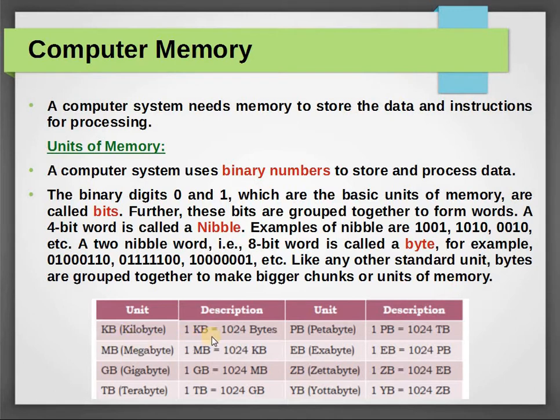Here in this table you can see the bigger units of memory like kilobyte. 1024 bytes make 1 kilobyte. Then 1024 kilobytes make 1 megabyte. Then 1024 megabytes make 1 gigabyte. Then 1024 gigabytes make 1 terabyte. And petabyte, exabyte, zettabyte and yottabyte are also there.